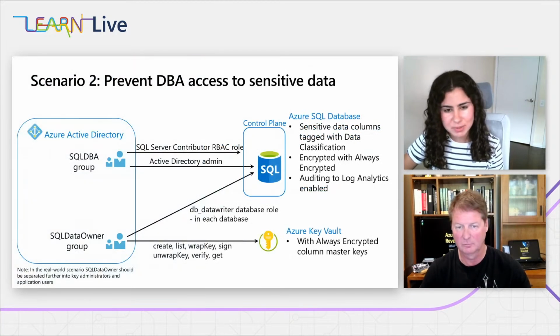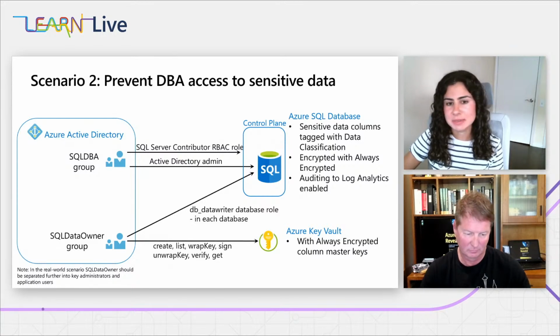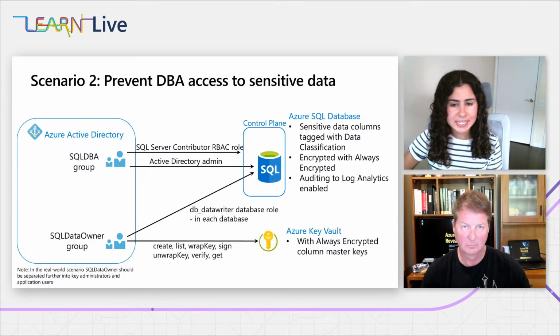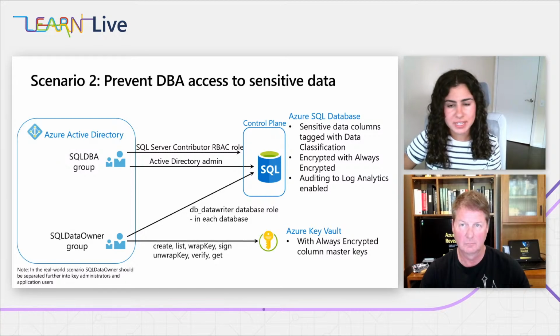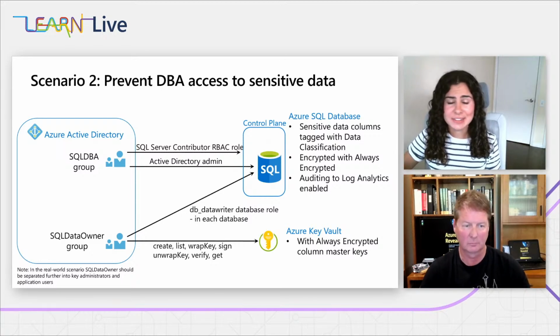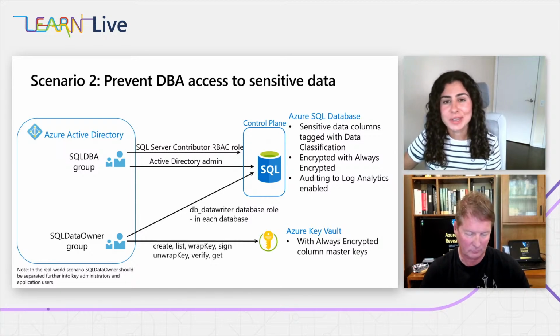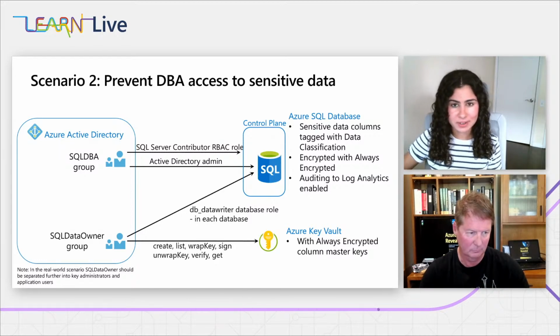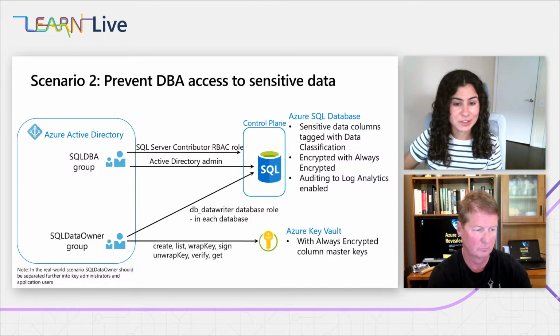Have a little diagram here that talks about preventing DBA access to sensitive data. So we're seeing some of those things like we saw in the other questions, like tagging sensitive data with data classification. This is kind of a good review. We're also encrypting data with Always Encrypted. We're auditing to Log Analytics so we can see what's going on using Kusto Query Language, or KQL.